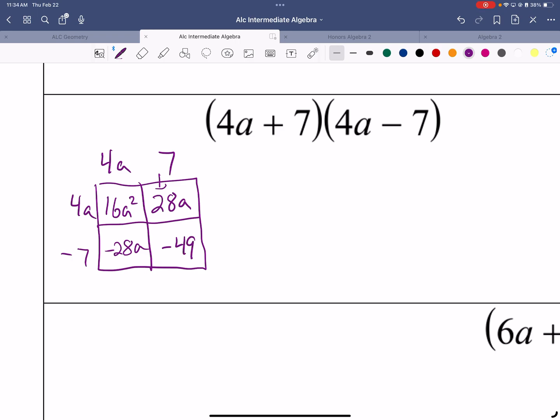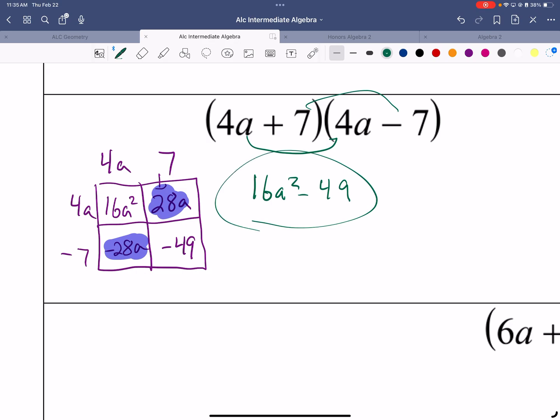So if you look now at our box, these two terms, they're opposites of each other, so they eliminate each other. So the result is 16a squared minus 49. And if you look at it, 4a times 4a, 16a squared. 7 times negative 7, negative 49. So the box method works.